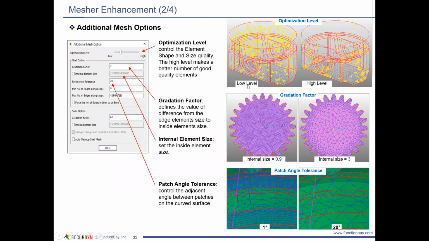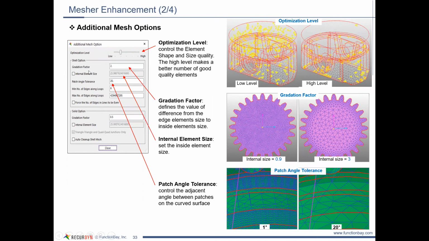So you can see with the low level of optimization, quite a few elements are not meeting quality standard. When we switch to a higher level, then many of these elements are now corrected to meet the quality standard. So that's just a slide bar that you can control.